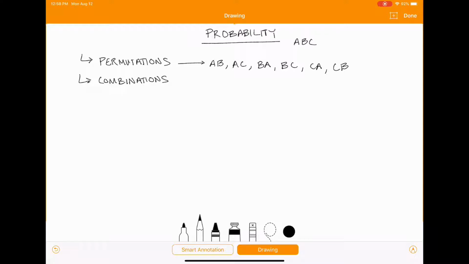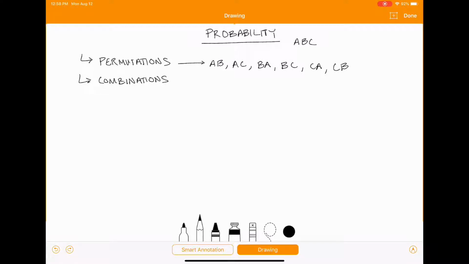Now, as you can see, each of these is different in that even though they contain the same letters, they're in a different order, so they're considered different.